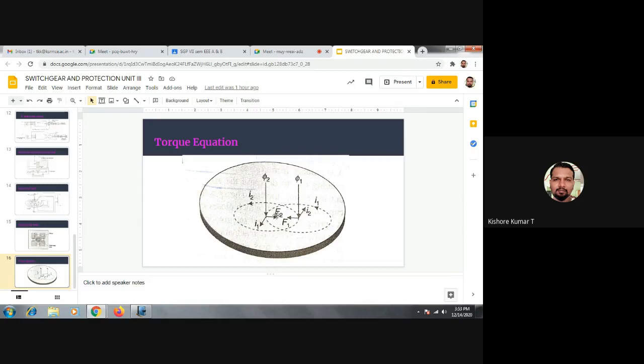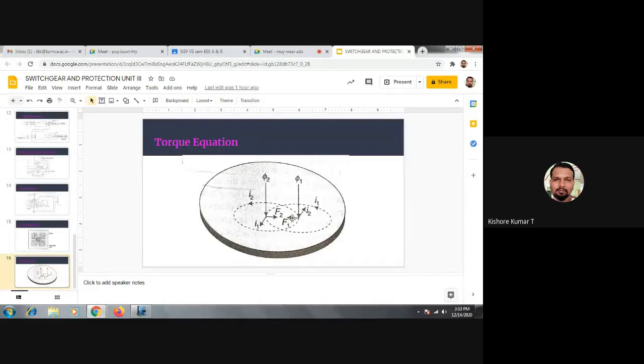This flux phi1 will interact with the eddy current I2, which is caused by phi2. Thereby, a force F1 is set up.